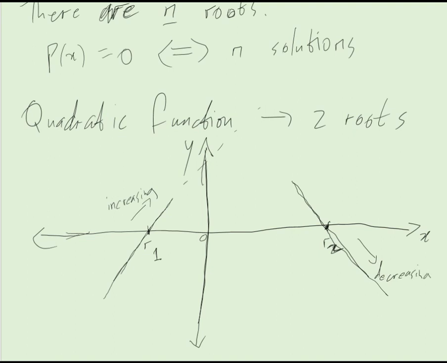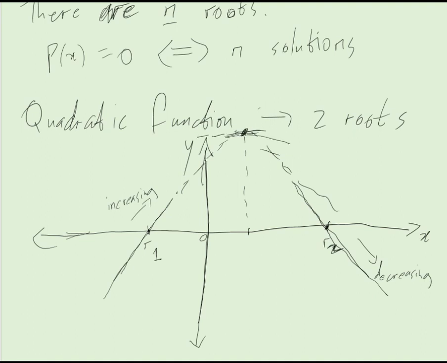And in order for this to be possible, there's going to be a point somewhere where this function changes from an increasing function to a decreasing function. That point where it changes will have an x value and a corresponding y value.